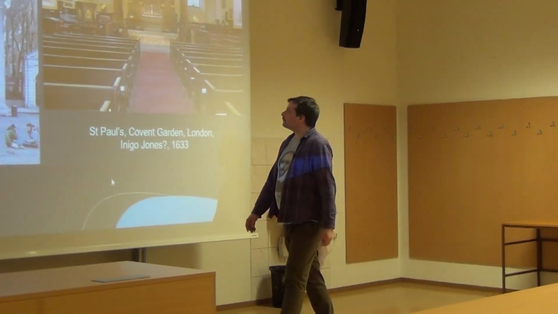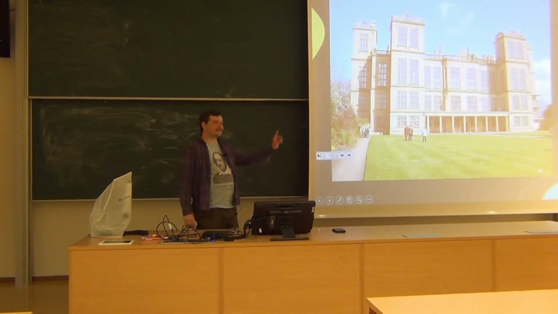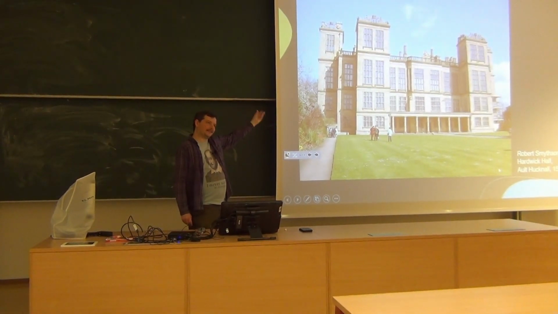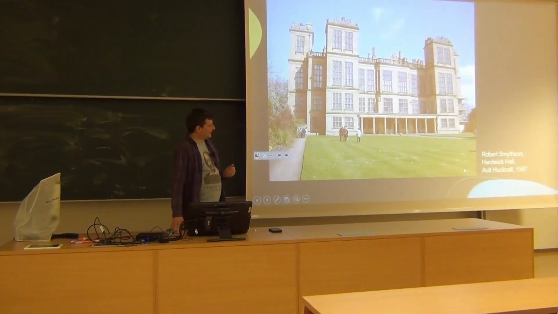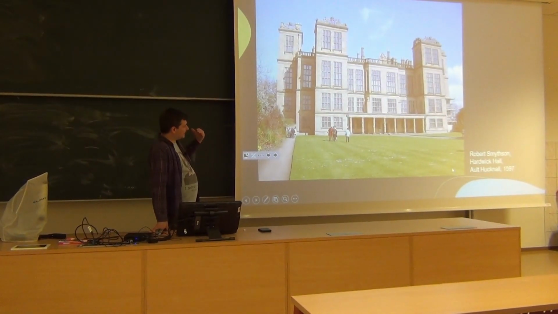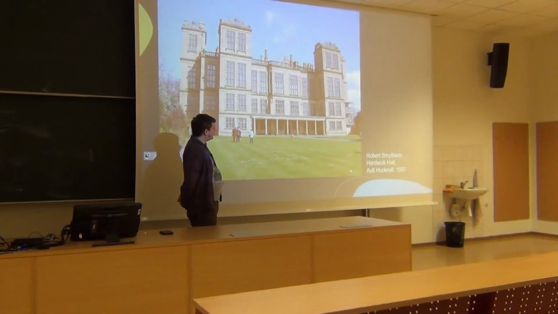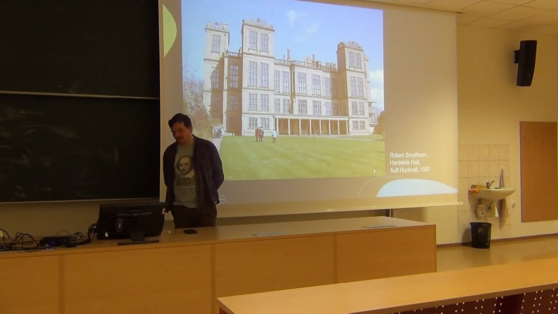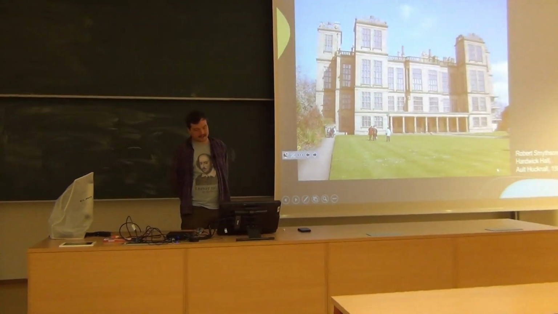And to show you not only an aristocratic building and a religious building, because the first one was a royal palace, so aristocratic building. The second one was a Christian building, and this one is, well, a manor house or a minor castle, not castle, palace in the countryside.